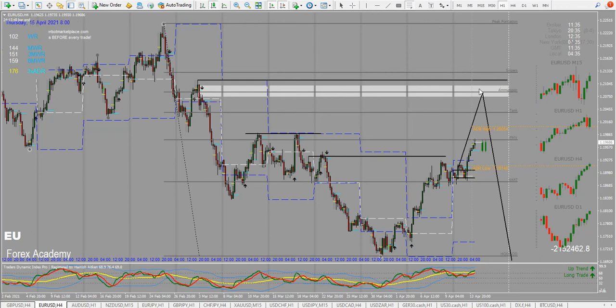And if they come to these zones, you can use this wick as your stop loss. The main direction on this pair is bearish.